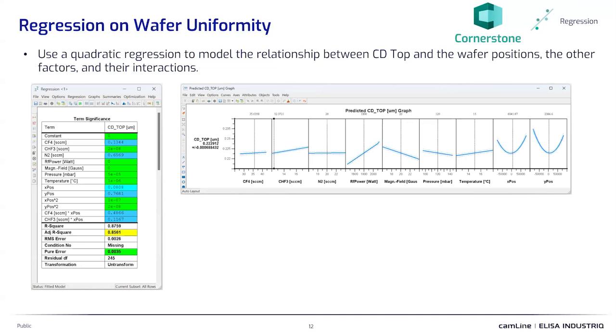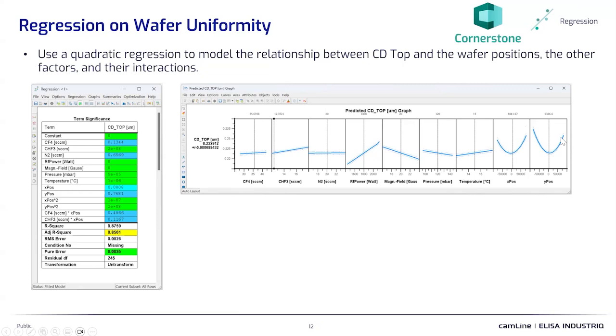In this predictive response graph, the x-axis shows the predictors, and the y-axis is the response, which is CD top. You can also have a reference line to point to a specific value of your predictors.